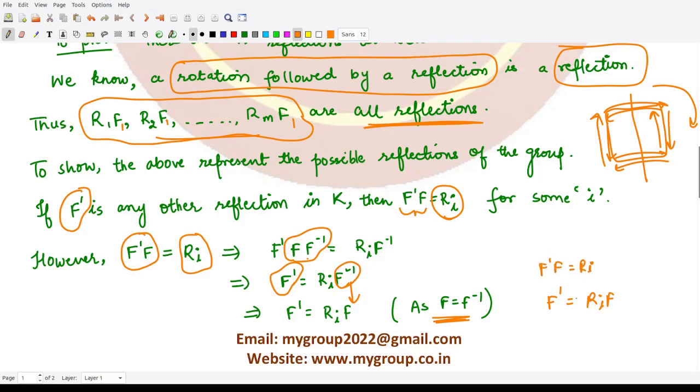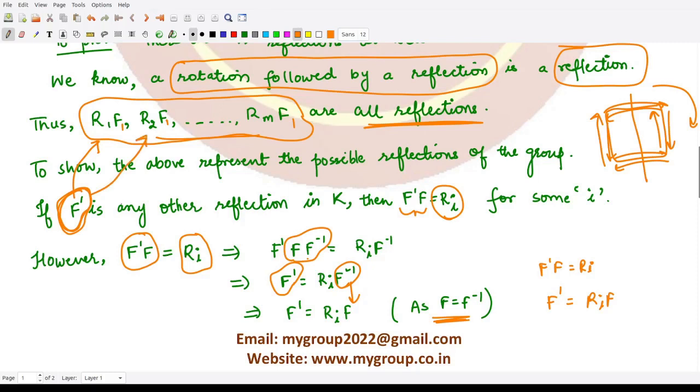So that means corresponding to each reflection which we have taken to be some other reflection apart from those given above, we ultimately found that it is also of this form, right? So if you take any other reflection, it would be present within this set only.